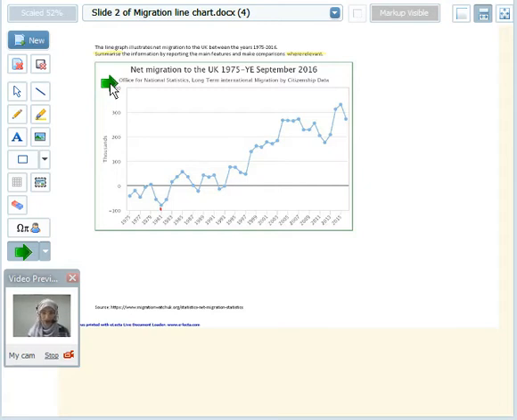If I show you the bottom axis, you see it here. You have 1975 to 2015. That's a time frame of 40 years. You can't write about every single one of those dates.